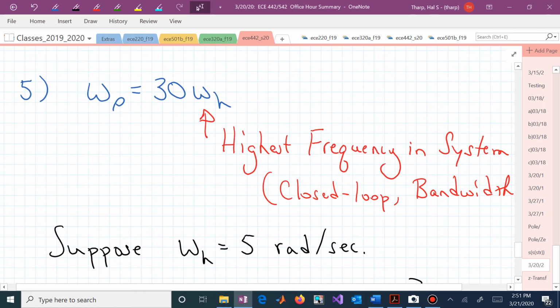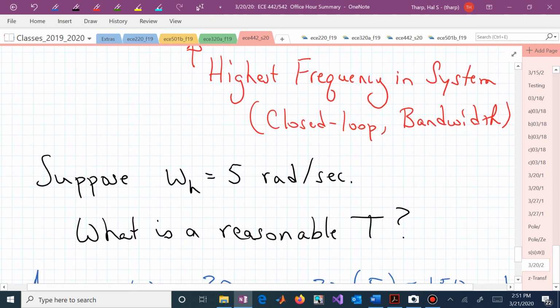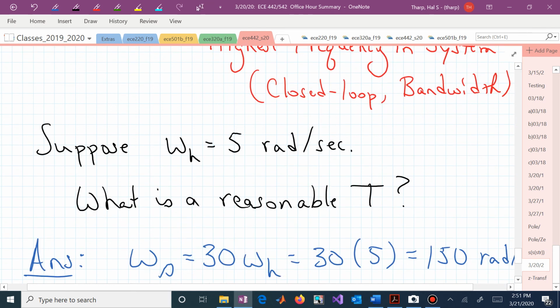The other question during office hours pertained to, is this a reasonable sample period T? Omega sub h is the highest frequency. Our rule of thumb is we want our sampling frequency to equal 30 times the highest frequency in our system. Let's just look at an example. Suppose omega sub h is 5 radians per second. What is a reasonable sample period?